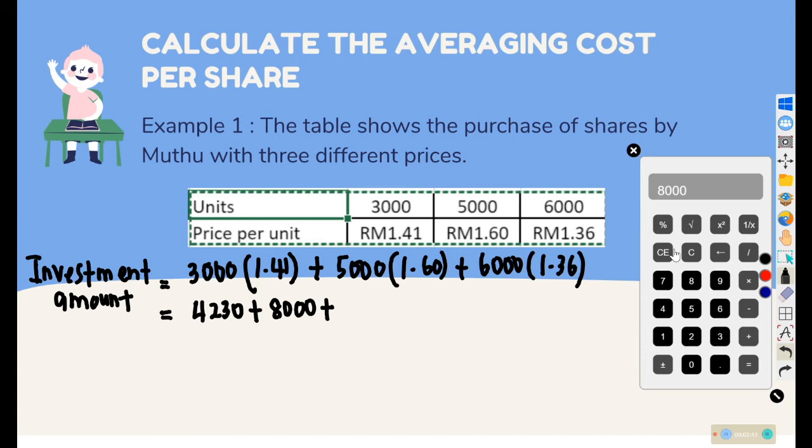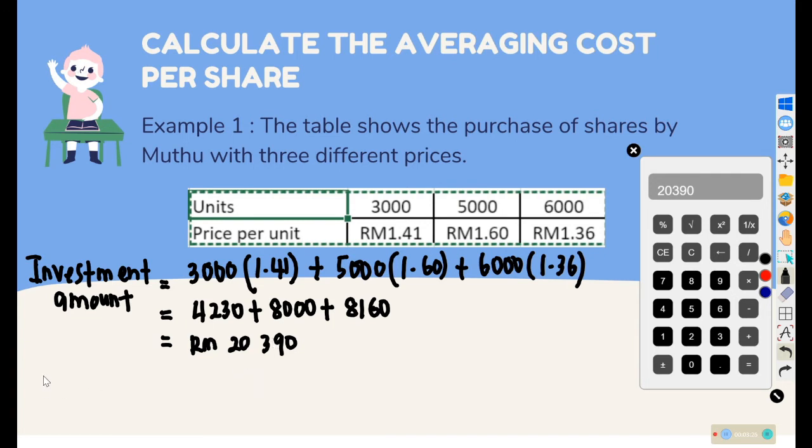Plus 6,000 times RM1.36 is 8,160. Now we add all together: 8,000 plus 4,230 plus 8,160, so you will get RM20,390. Now the number of shares, you just add the number of shares.